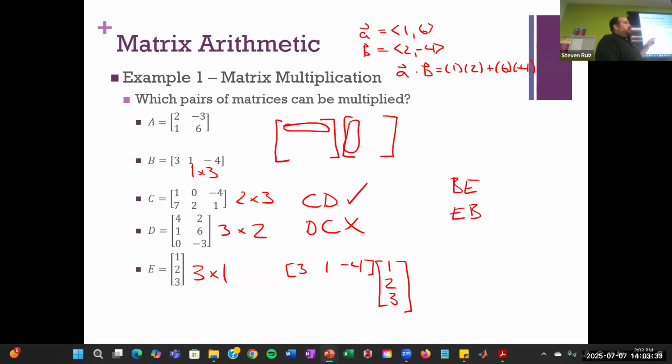Does that work here? Multiply this row by that column. There are 3 things in the only row this left matrix has. There are 3 things in the only column the right matrix has. How many times am I going to be able to do that? Once. So when I multiply a 1 by 3 matrix by a 3 by 1 matrix, it makes a 1 by 1.